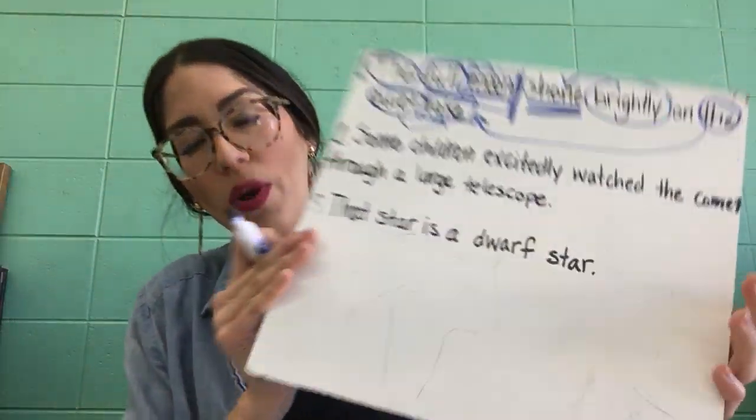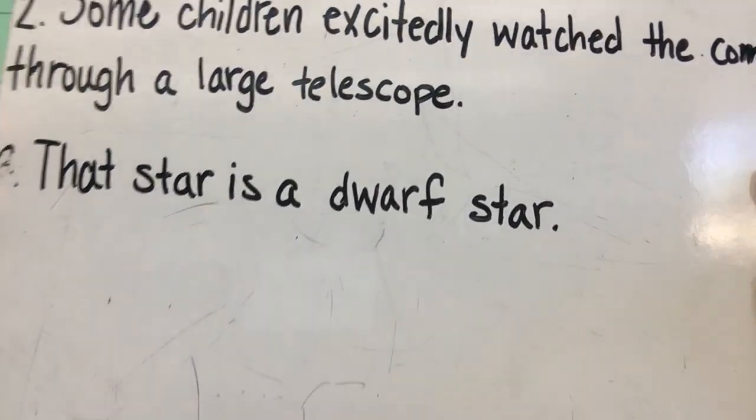Number 2 says, some children excitedly watched the comet through a large telescope. Sorry, my writing erased, so I'm going to the book. Okay, so let me go ahead and write comet here again. Where are we going to mark our dividing line?